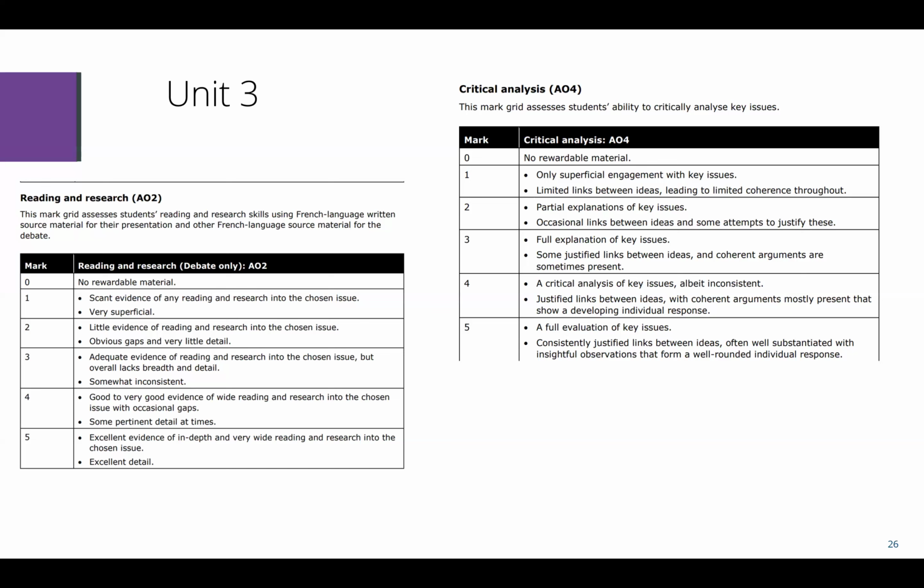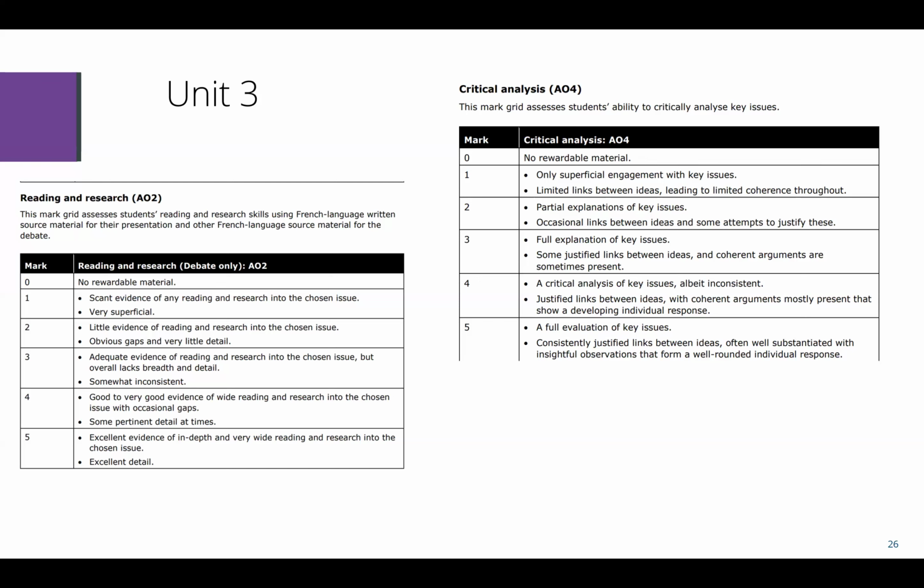Now, in terms of any tips on Unit 3, I've mentioned some of them already, but when they're choosing their topic or issue for debate, it has to actually be debatable.